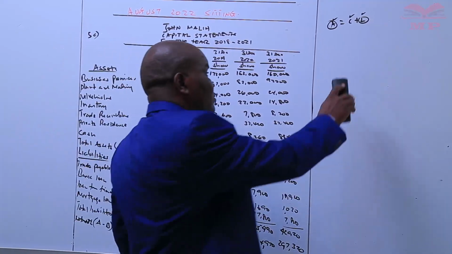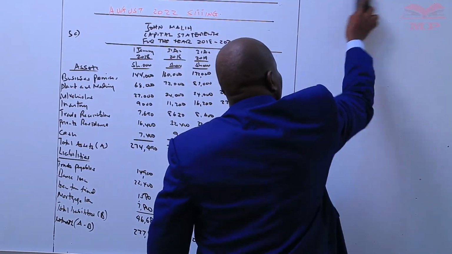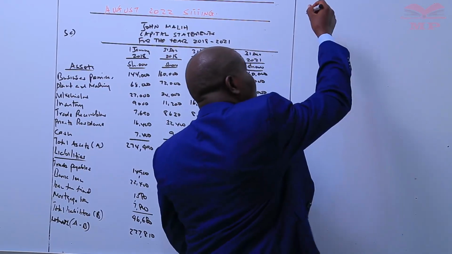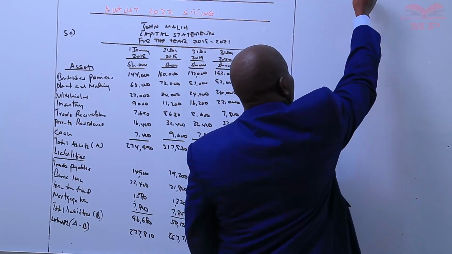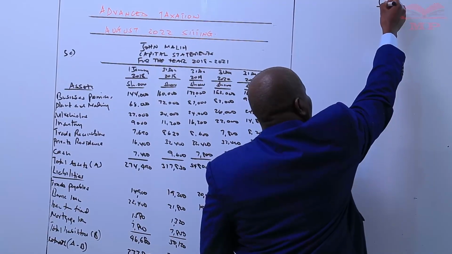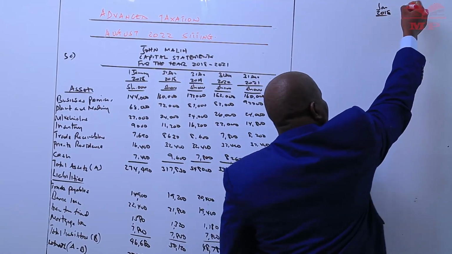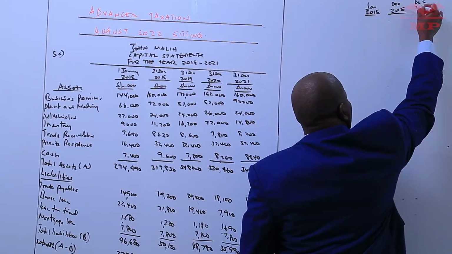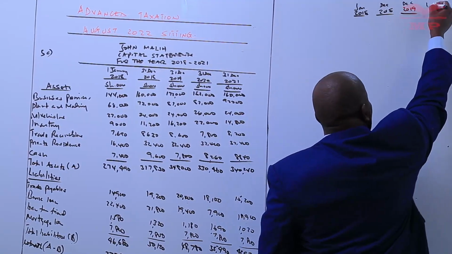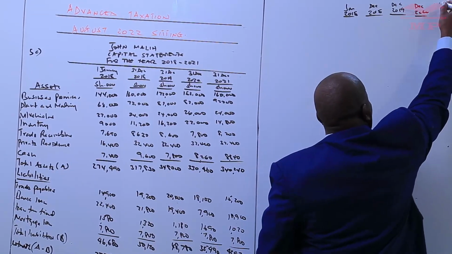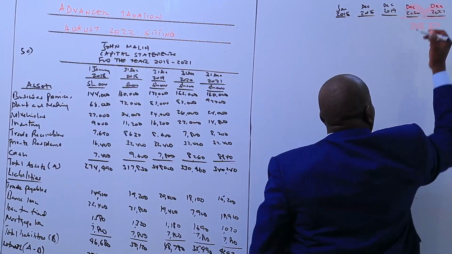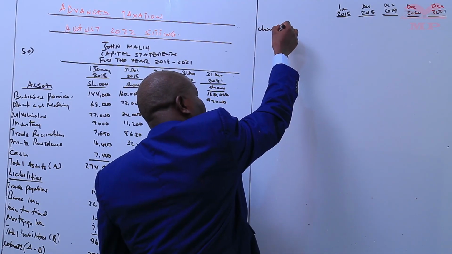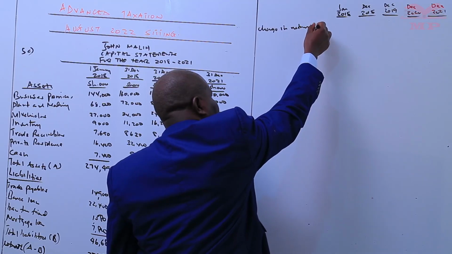I'm moving here. Change in net worth. So just to continue, we have January 2018, December 2018, December 2019, December 2020, and December 2021. So we get what we call change in net worth, that is change in capital.